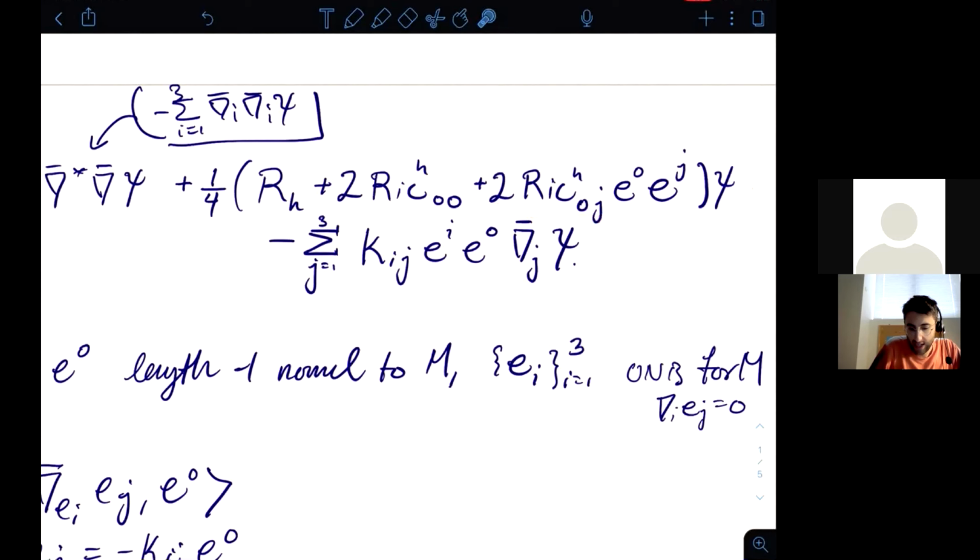And then you have this Clifford multiplication acting on psi. So these are just numbers acting by scaling, and for this term you have to do a little bit of Clifford multiplication. And then there is a term coming from the second fundamental form, K_ij, with some Clifford multiplication acting on the derivative of psi.